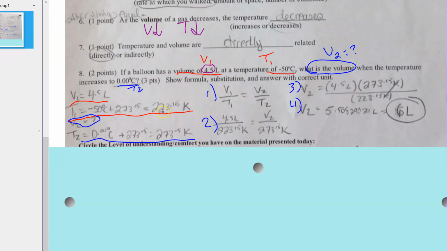Don't get too caught up in this, but just trust me that we aren't going to pull the sig figs from temperature, like ever. We're going to go to 2 sig figs. So 1, 2, look to the right. Our final answer should be 5.5 liters.